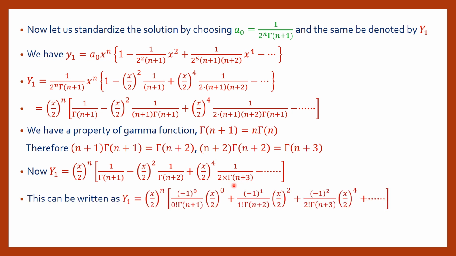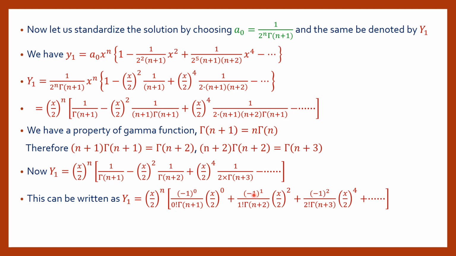Now this can be written for standardizing or generalization purpose. Let me add a few terms here without loss of any generality. That is, first term minus 1 power 0, which is 1 only, so there is no change in expression. Also 0 factorial, which is also 1, so there will not be any change. Gamma n plus 1 as it is. X by 2 power 0, so it is 1, so no change. And plus minus 1 power 1.